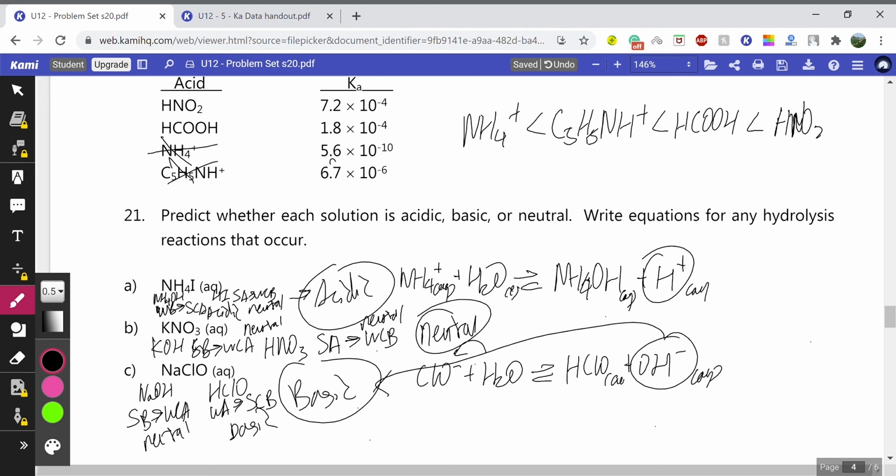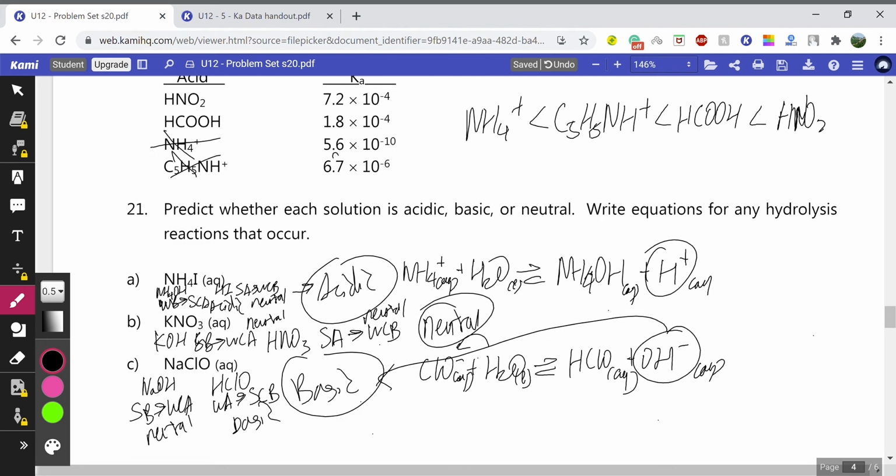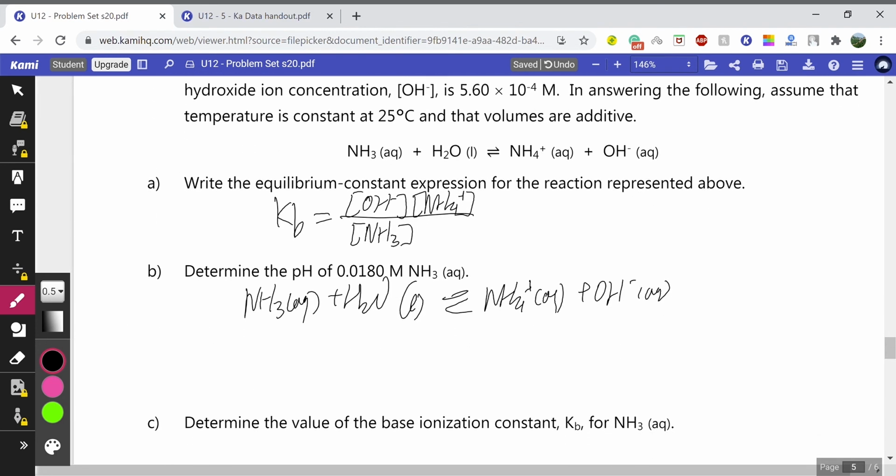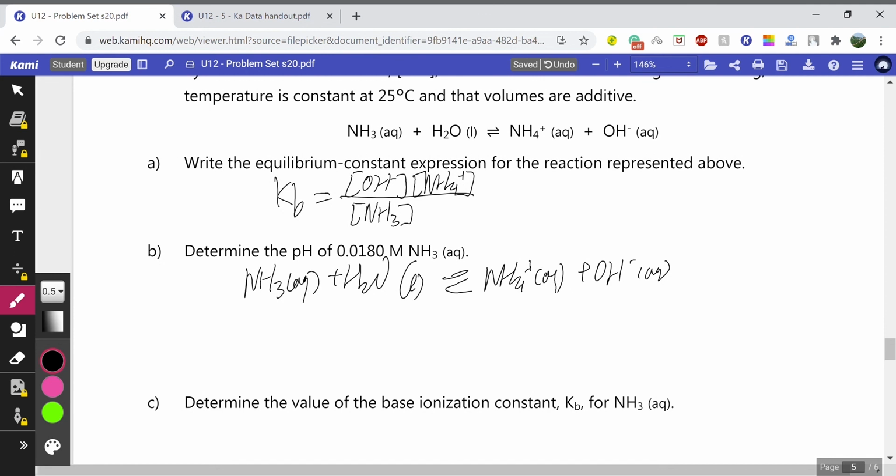So here we are over here, and we have 0.0180 molar minus x. ICE: we're going to cross this out, 0, 0, plus x, x.